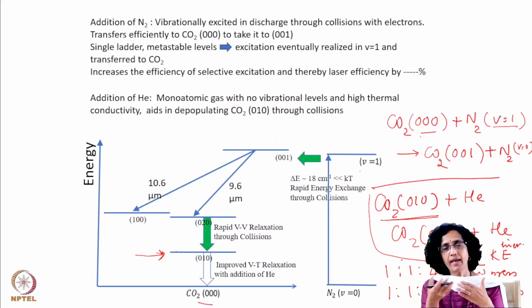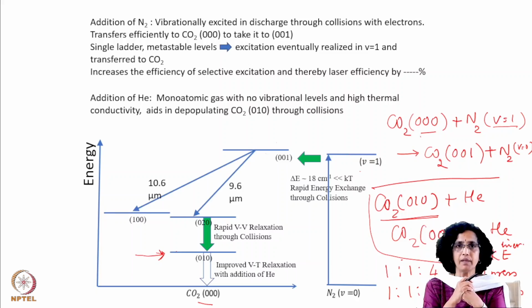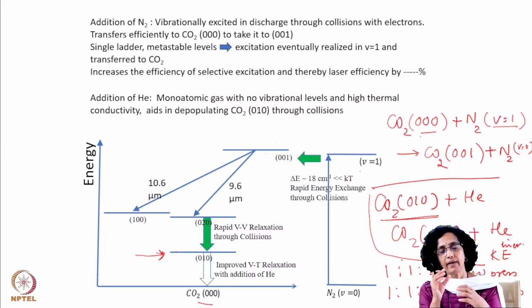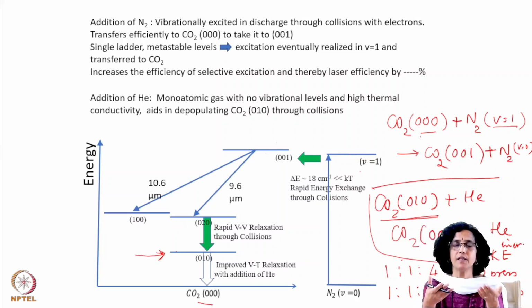One can get lasing action, because that was how it was demonstrated in the first instance by Professor C.K.N. Patel, but addition of nitrogen improves selective excitation, and addition of helium removes the bottleneck and causes effective depopulation of the lower laser level, and therefore greatly improves the operational efficiency of a CO2 laser.